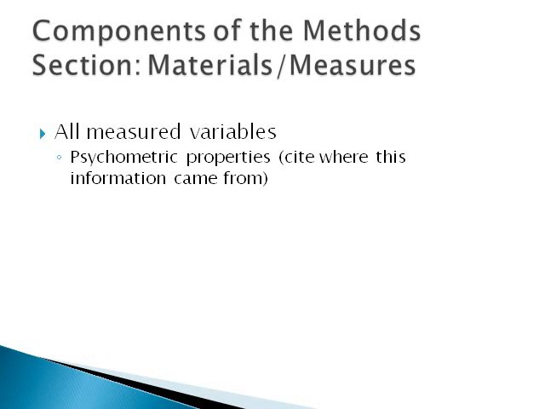So if you're using the Beck Depression Inventory, you need to address its reliability and validity, and then cite where that information comes from. People write articles all the time about how this instrument has good, sound psychometric properties for this use, and they've tried it on somebody and compared it to some other measure. Find those, cite that. The Mental Measurements Yearbook is a good place to find that information.